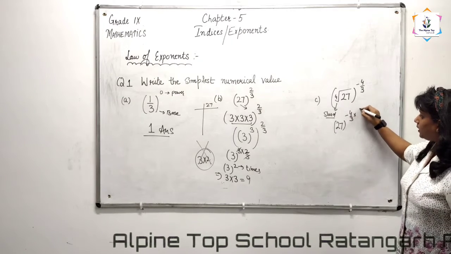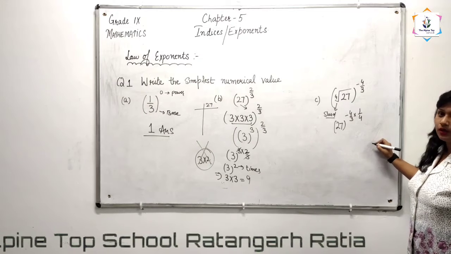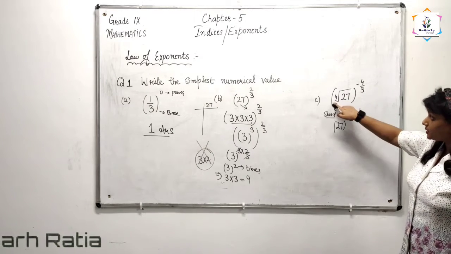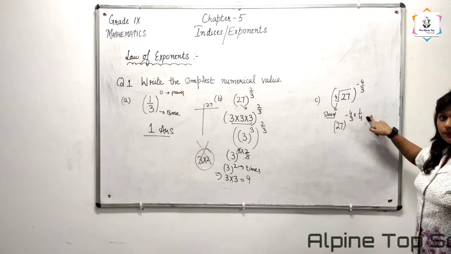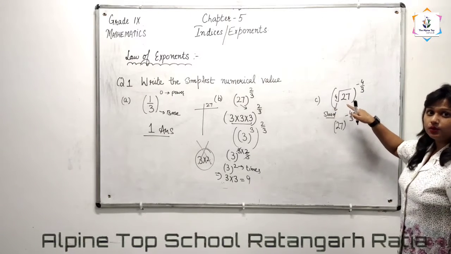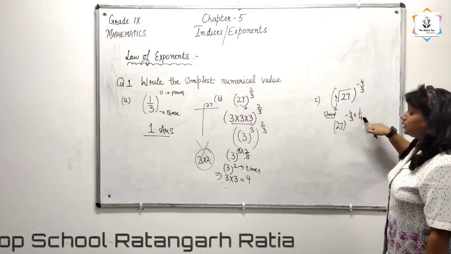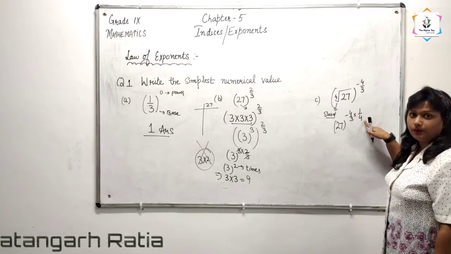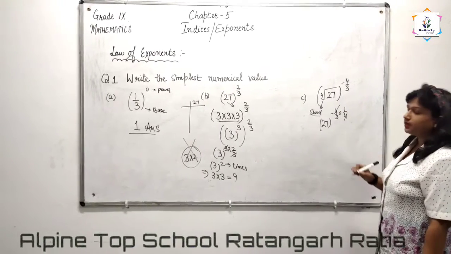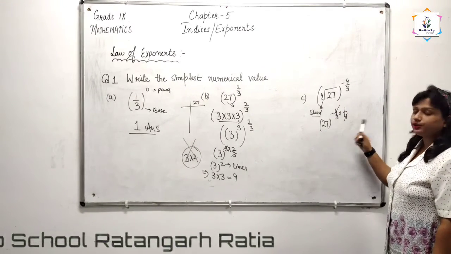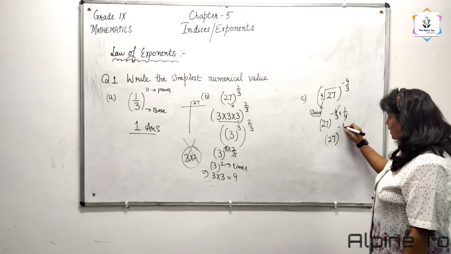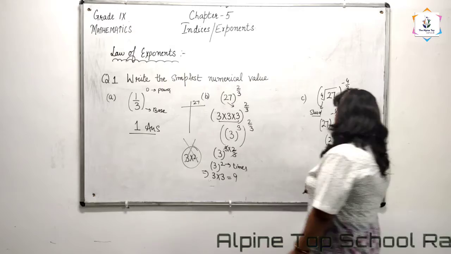This third will become 1 by 4. If 5 is given to you, then it will be changed into 1 by 5. If 6 is given to you, then you will write down 1 by 6. So whatever number is given with the third, you have to write it down in fraction form. Now if there is any cutting, then cut it. 4 and 4 will be cancelled out. So 27 raised to power minus 1 by 3 is left.